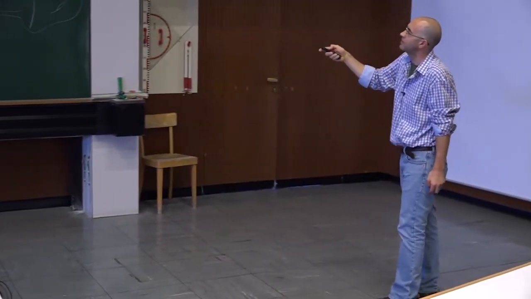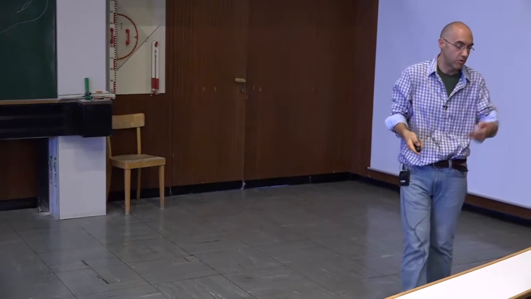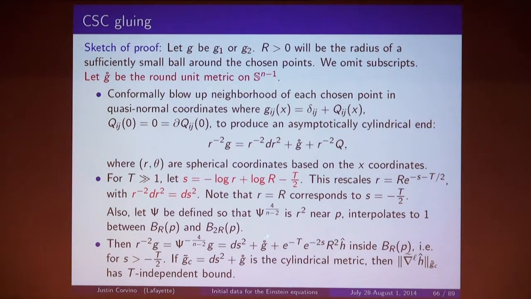All right, so after you've done this rescaling, your metric looks like ds squared plus sphere plus some perturbation term. We're going to write the r squared as, well, that's the form of a conformal factor in n dimensions, so we'll write it that way, psi to the 4 over n minus 2. This piece here, the cylindrical part, I'll call G C tilde for cylindrical.